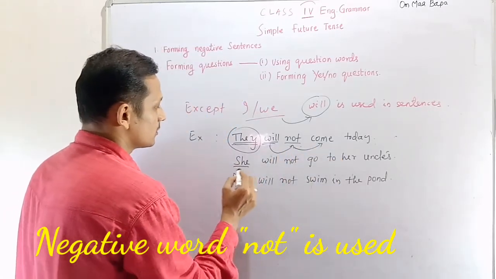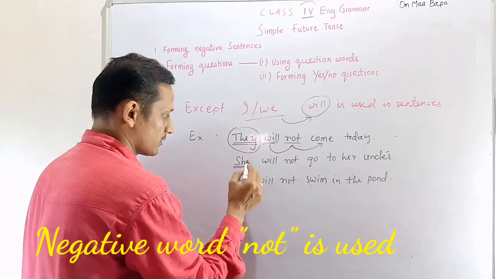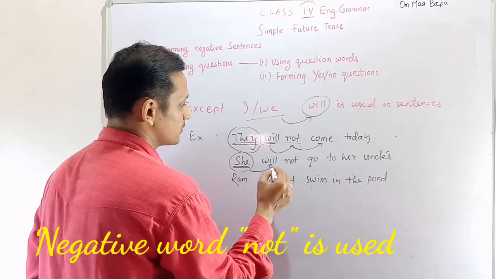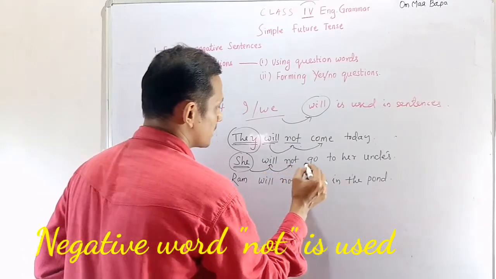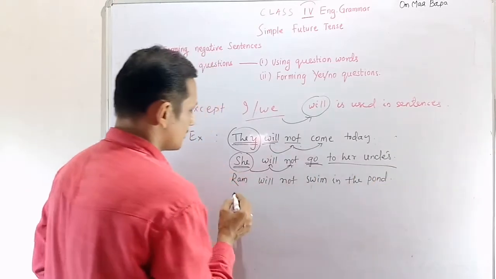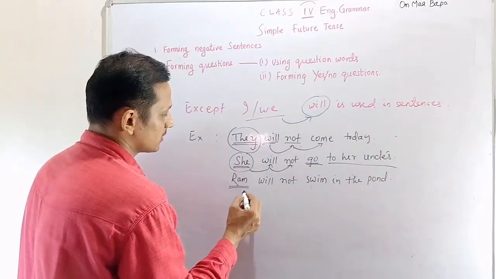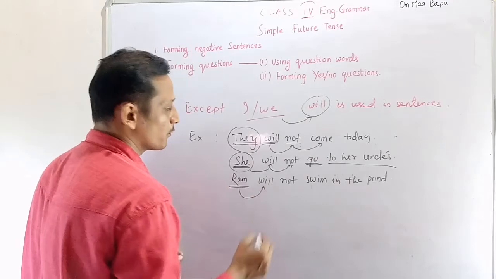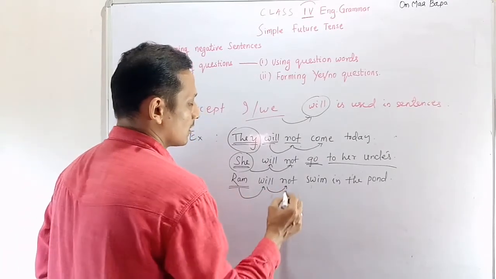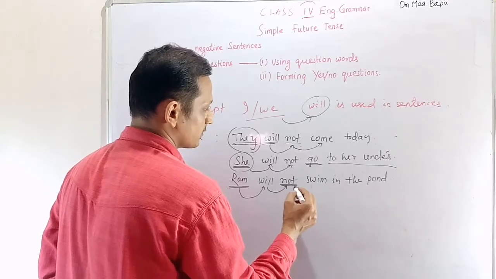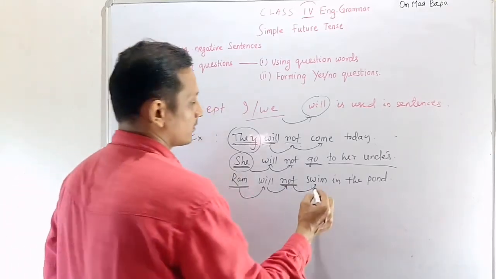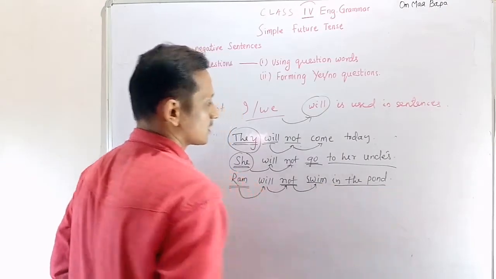In sentence 2, she is here, so will is used, then not, then the base form of the verb, and the rest of the sentence. Here Ram is the subject, so we use will with it, then not, the negative, and the base form of the verb, then the rest of the sentence.